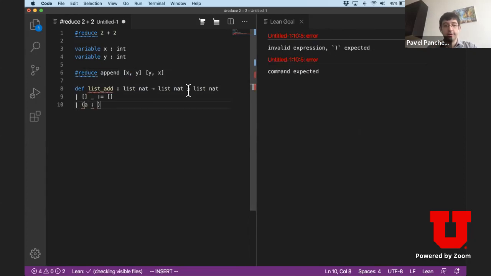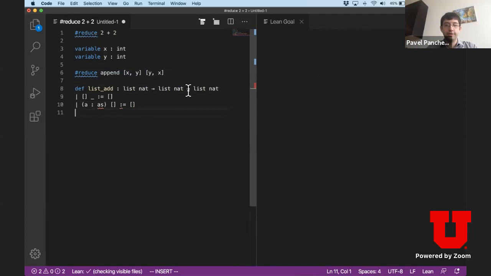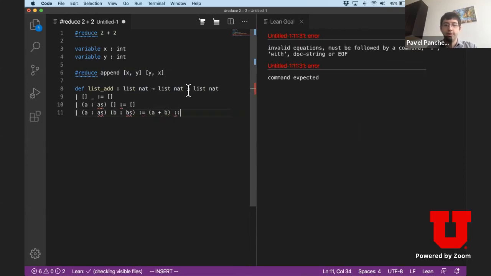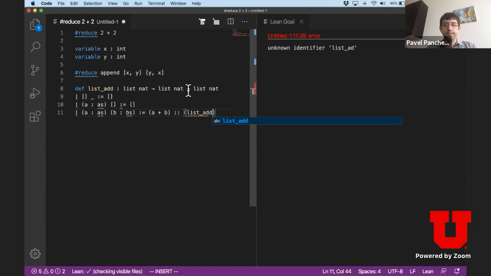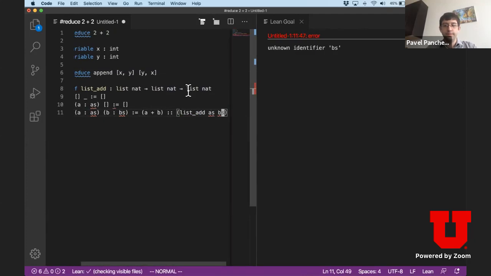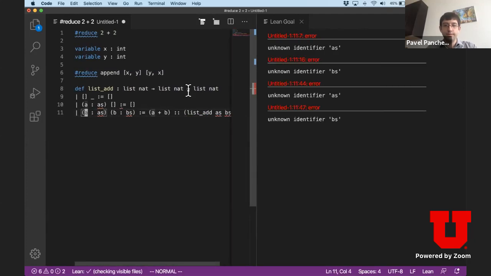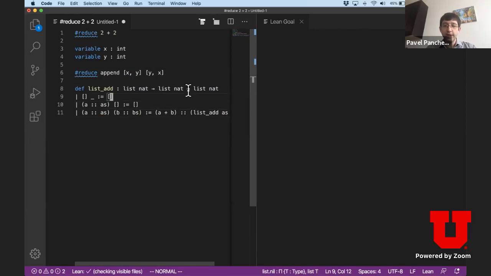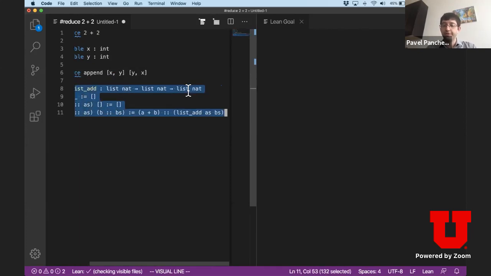And if I add, this is the empty list as well. But if I add 2 lists of the same length, I want to produce A plus B, sorry, too much Haskell recently. So now I've defined my own user-defined function.